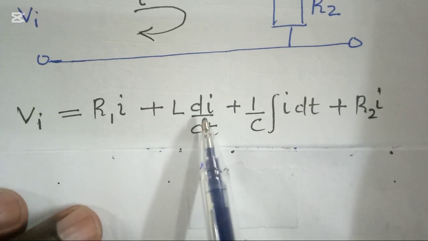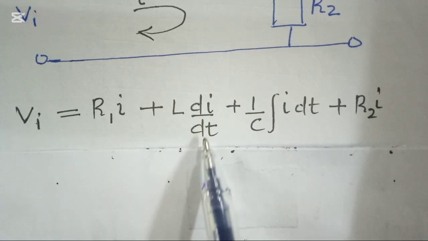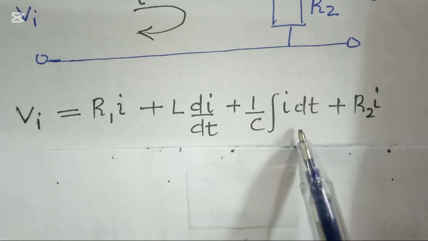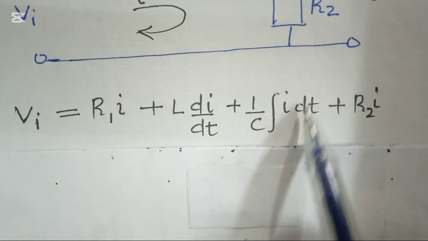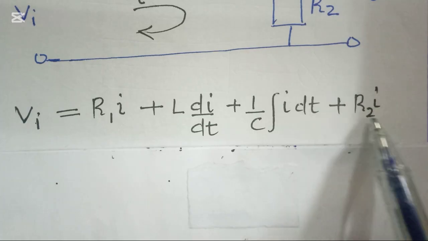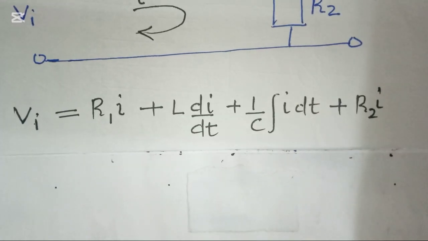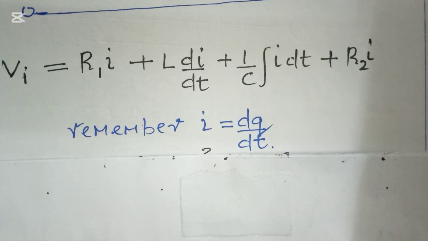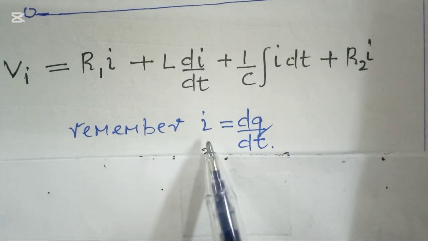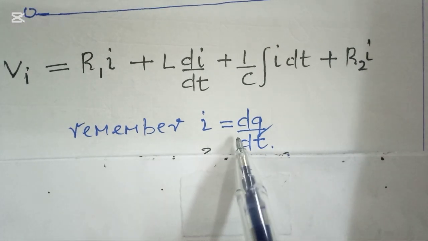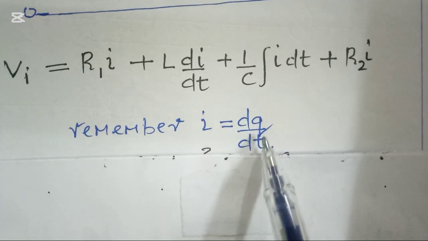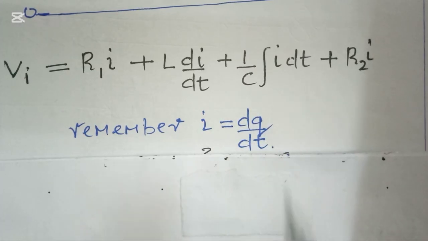The voltage across the inductor is L di over dt, plus voltage across the capacitor is that, and voltage across R2 is that. We can convert that into this, whereby we remember that I, the current, is equal to dq over dt, which is the rate of flow of charge.